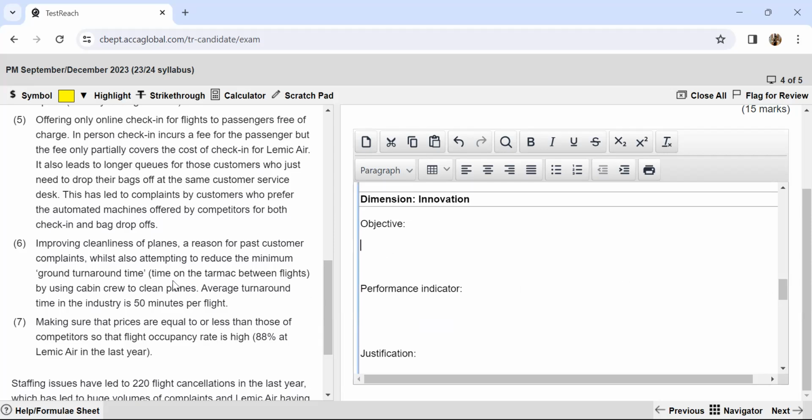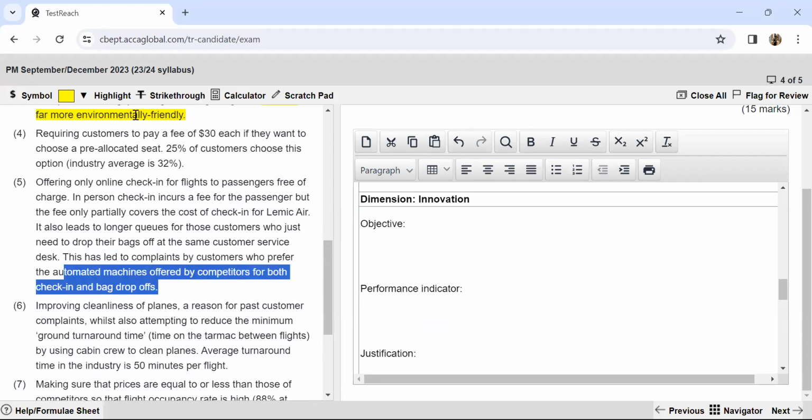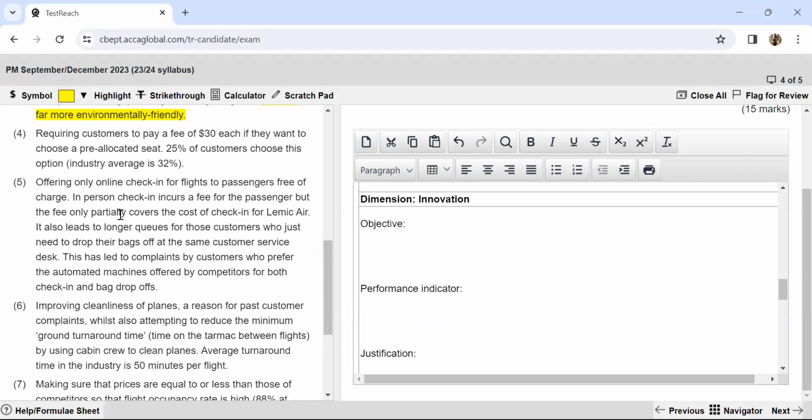So for innovation, remember we read about the check-ins: offering only online check-in for flights to passengers free of charge. Competitors offer automated machines, so passengers probably want those machines so that they don't have to queue in such long lines.